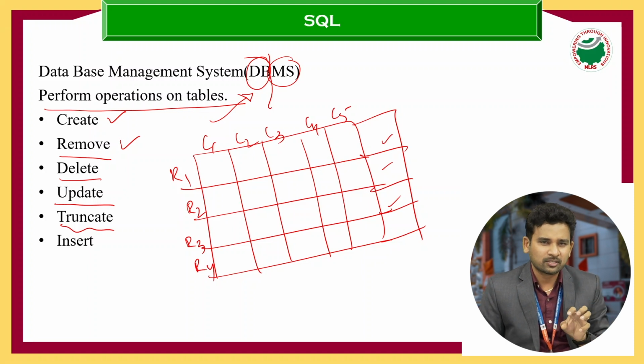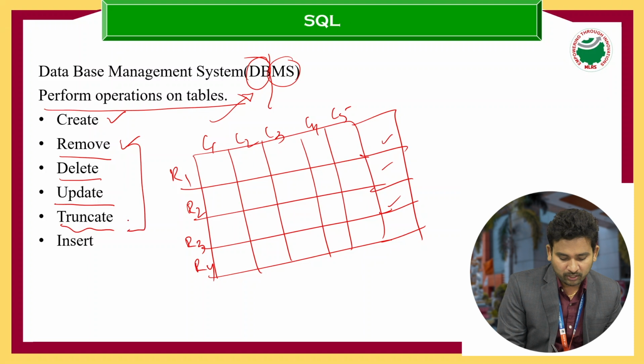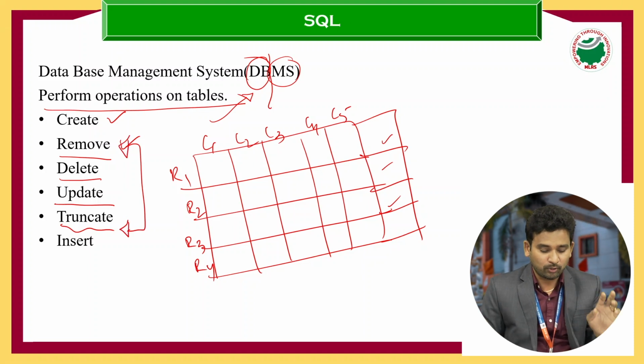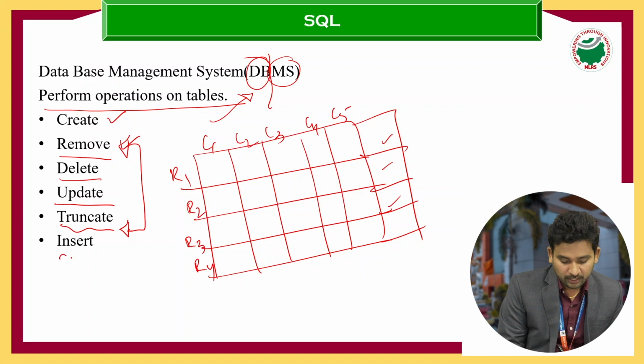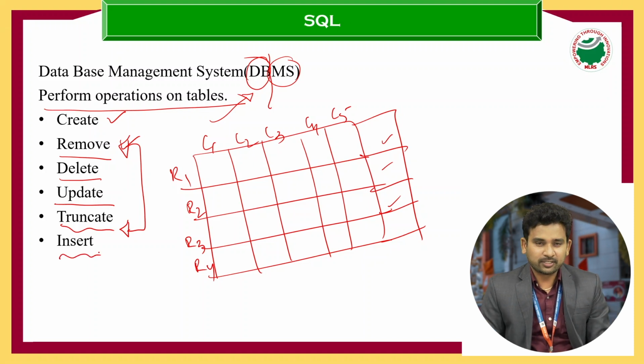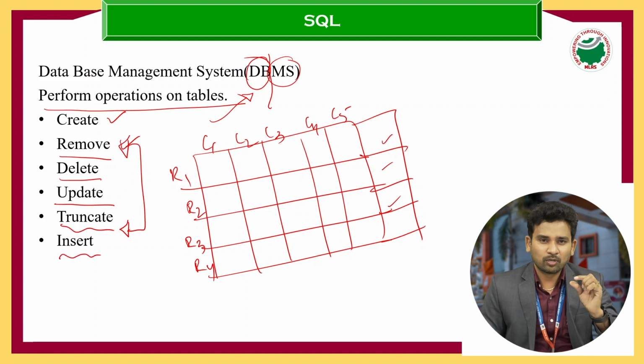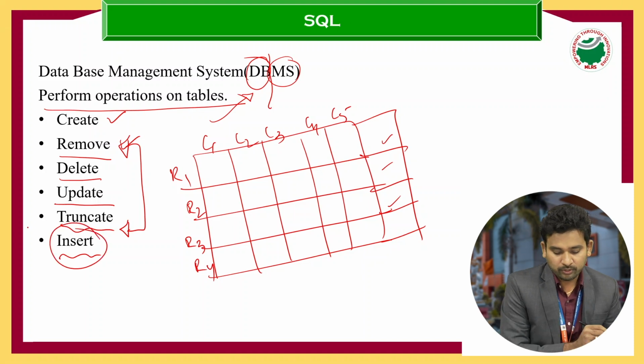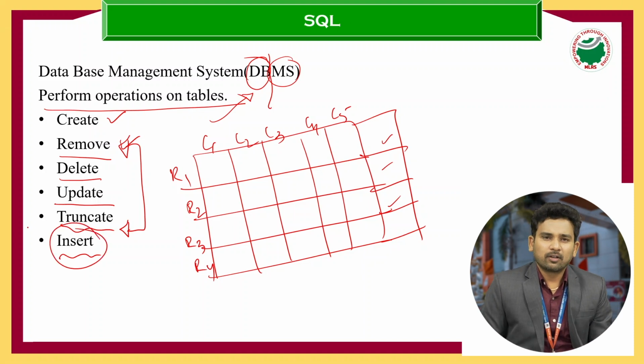Coming to performance, remove and truncate both perform the same kind of operation. Next, insert. For example, if you want to insert a row or column in the middle of this table, you use the insert operation.